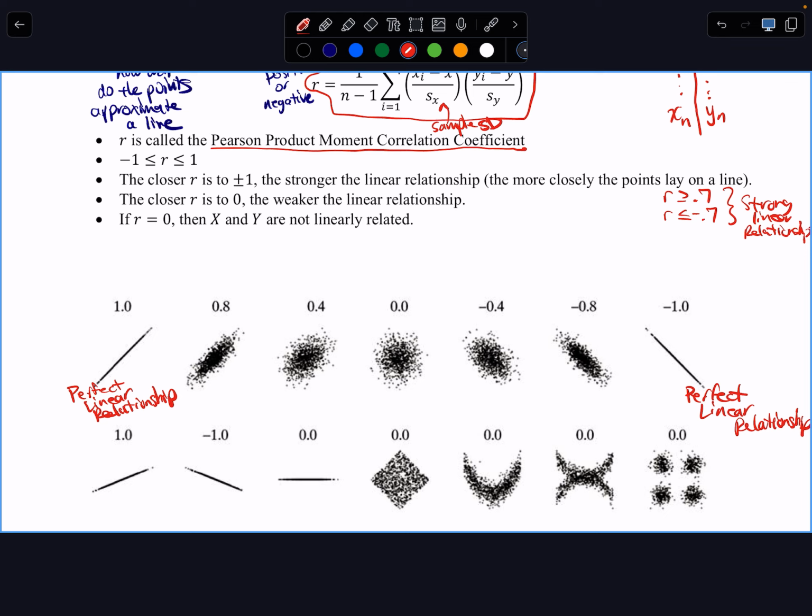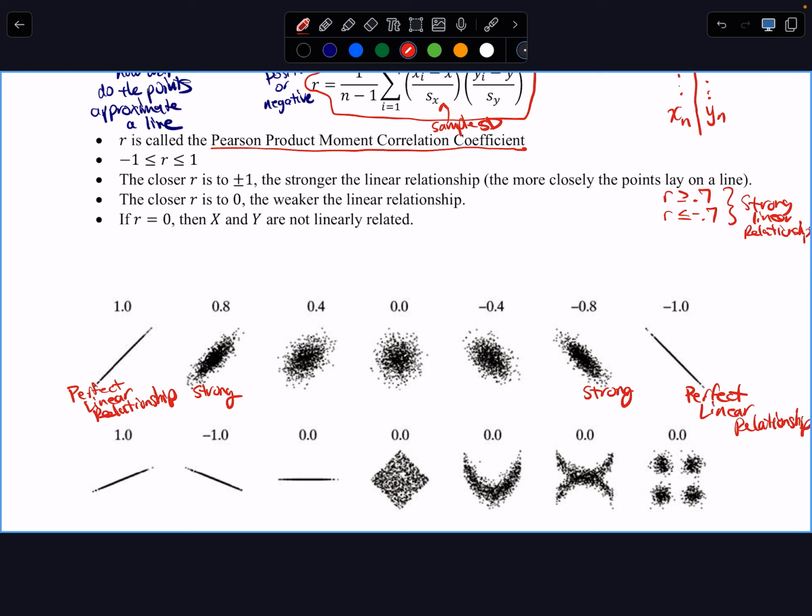So even when I have a strong linear relationship, like this 0.8 right here, my points are not all on the line, right? Same thing happens for negative 0.8, right? So this is strong, and this is strong.